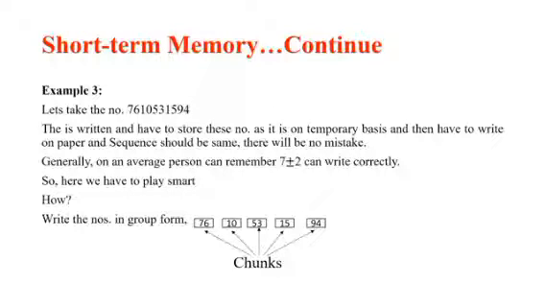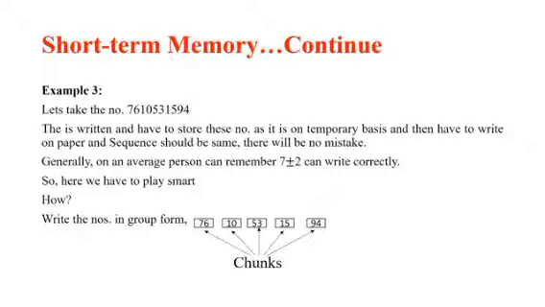The sequence should be the same, with no mistakes. Generally, on average, 7 plus or minus 2 digits is how many people can write correctly. It is the average case. So you can determine the capacity of short term memory from that, how little it is.